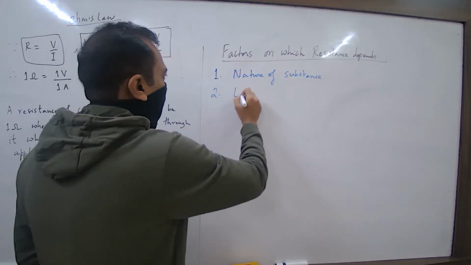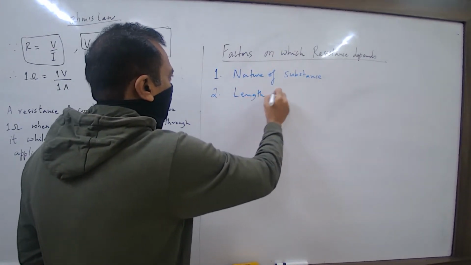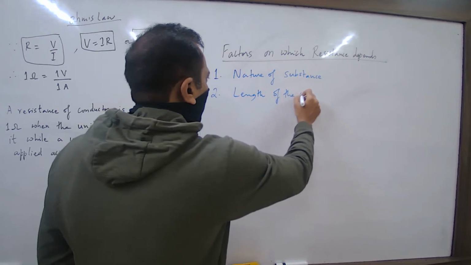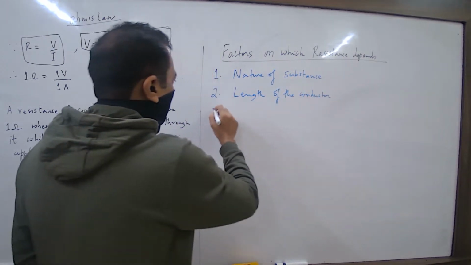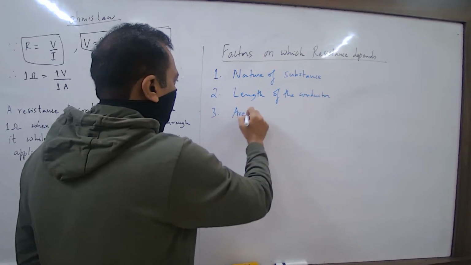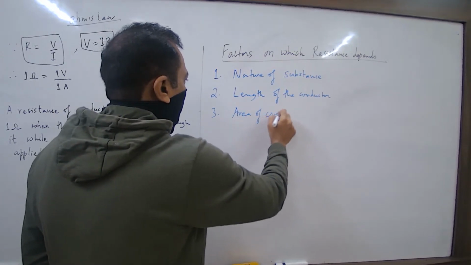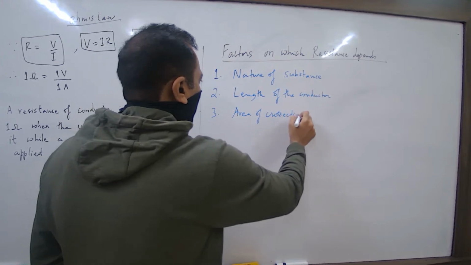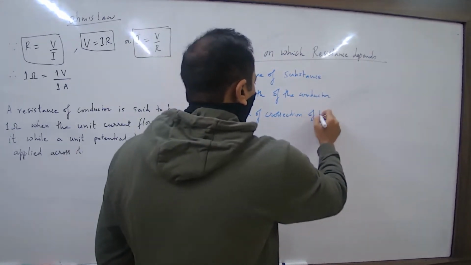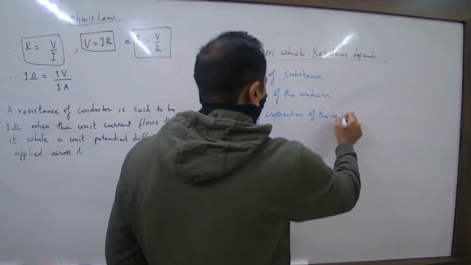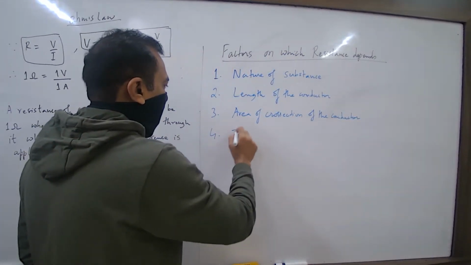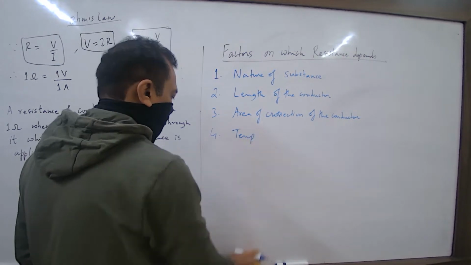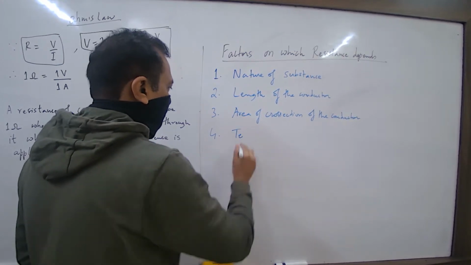Second is length of the conductor. Third is area of cross section. Fourth is temperature of the room.